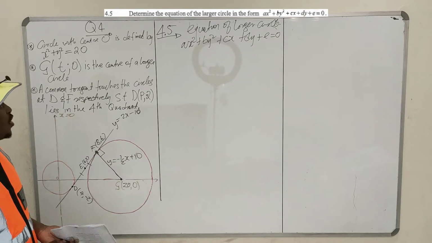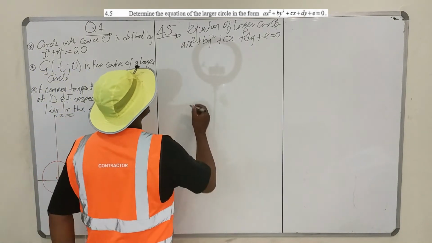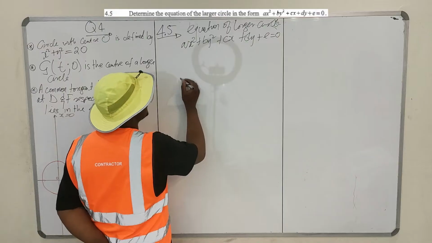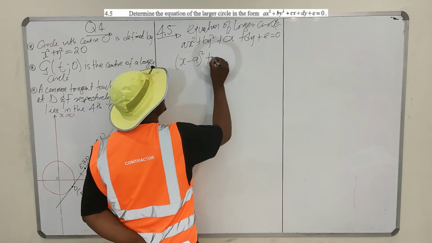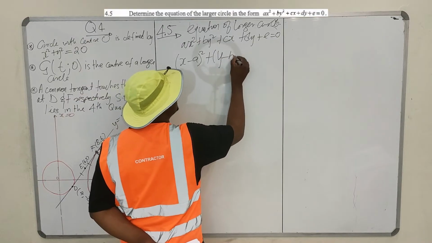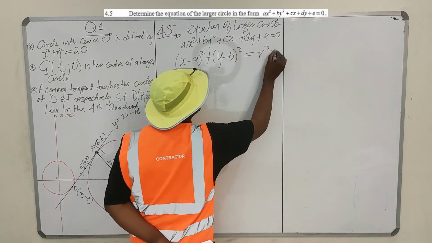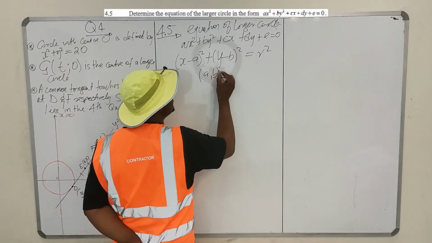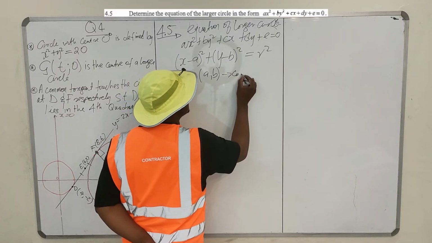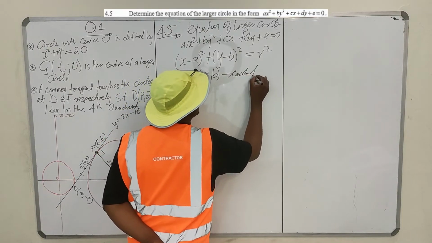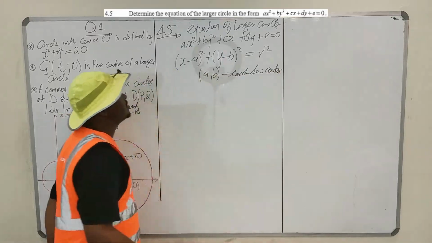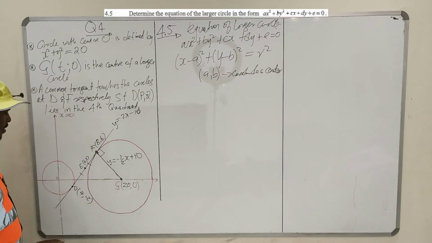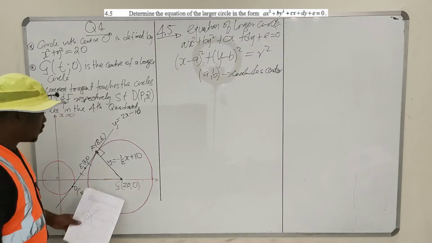So you know that a natural equation of a circle is in the form x minus a all squared plus y minus b all squared is equal to r squared, where a and b are the coordinates of the center. The coordinates of the center here, you know them.